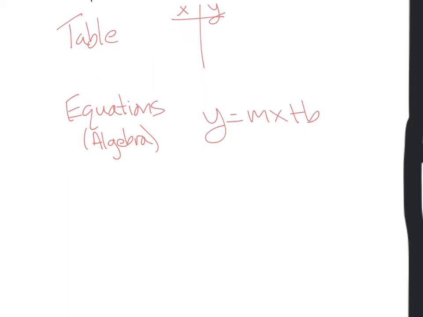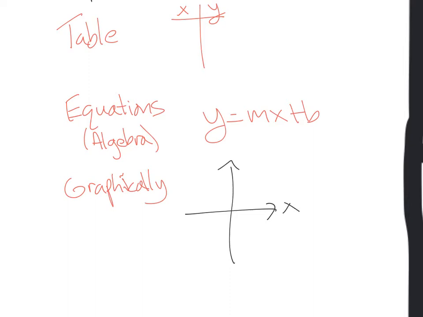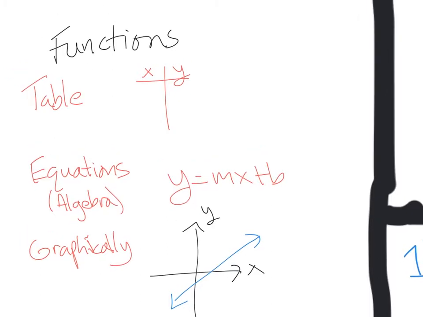And then the last way that we can do that is graphically. So when you draw out a function on a graph, you've got your xy coordinate plane, and then you get some type of function. Maybe it's a straight line, and it just looks like this. So those are the three different ways that we can represent functions.